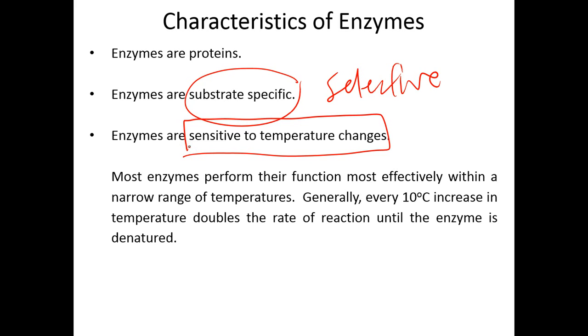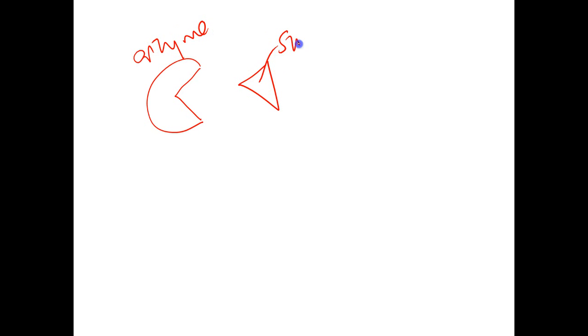So why are they sensitive to temperature changes? A very quick explanation. For an enzyme to work, let's say I draw this as a simple enzyme. So this is the enzyme, looks like Pac-Man, and this is the substrate, or the reactant.